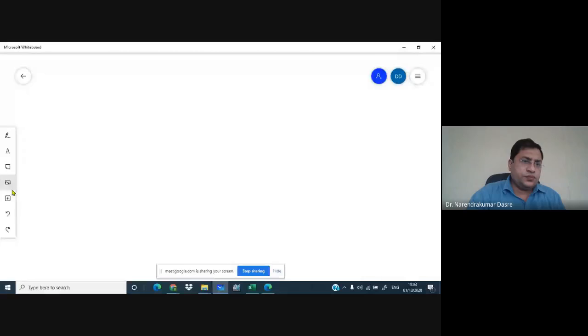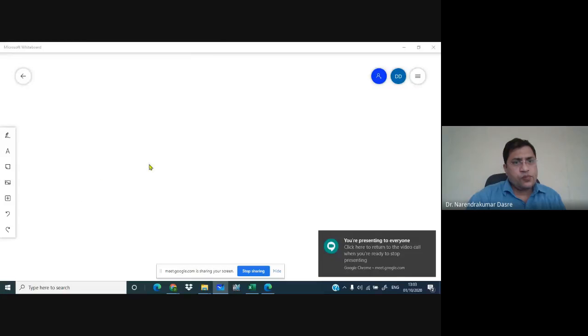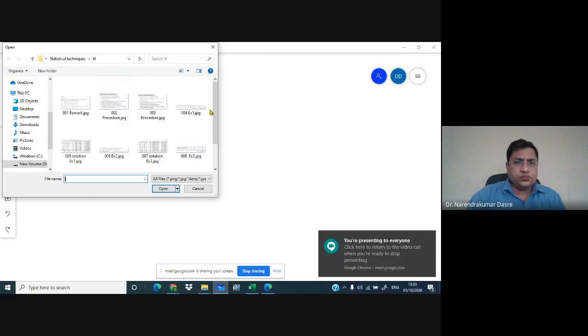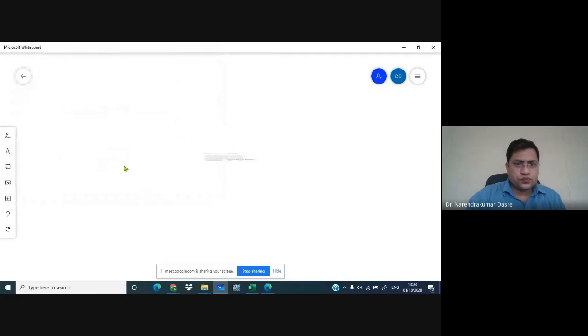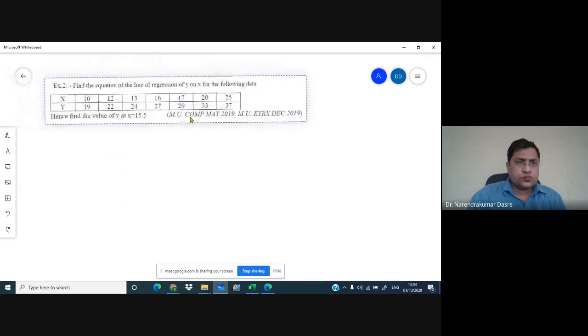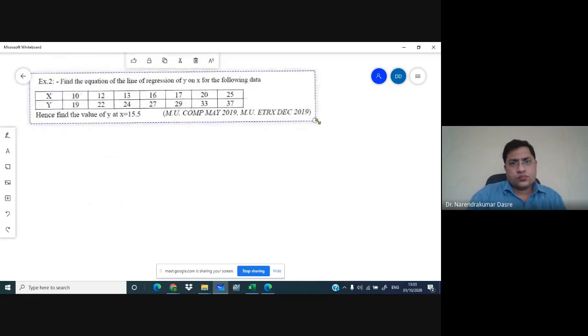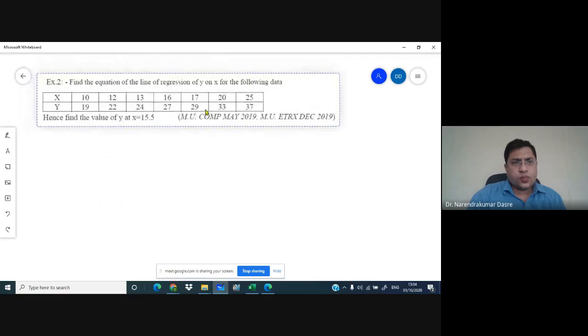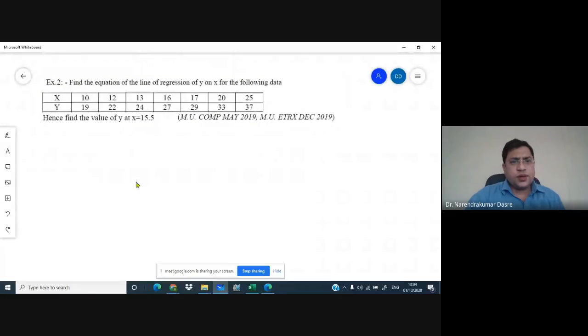Okay, so let's have another example. Here we have the example: find the equation of line of regression of y on x for the following data.